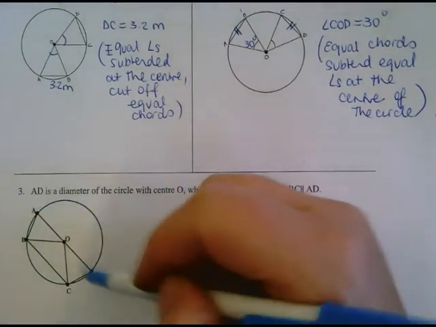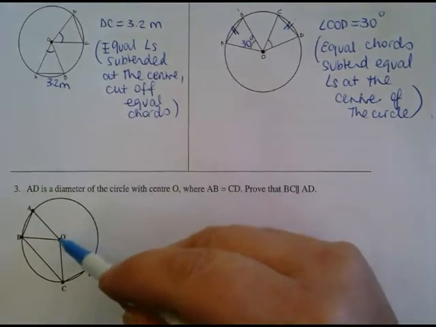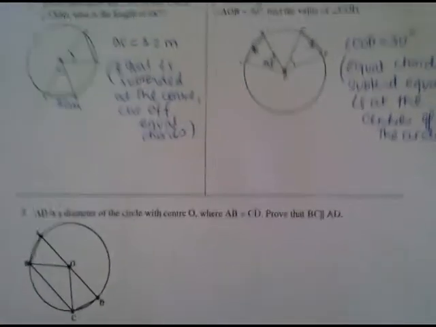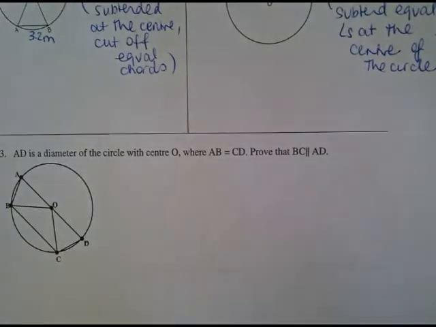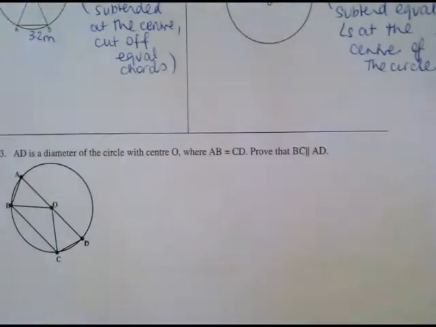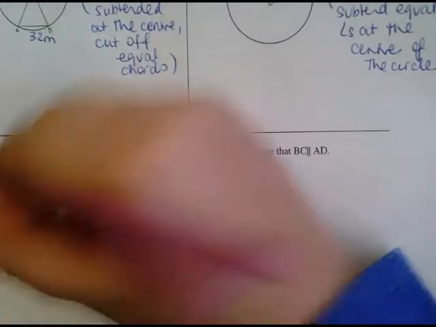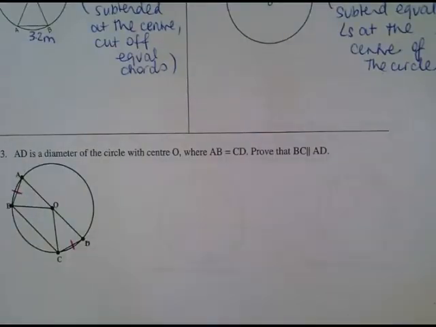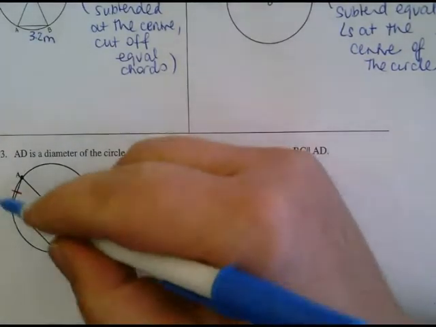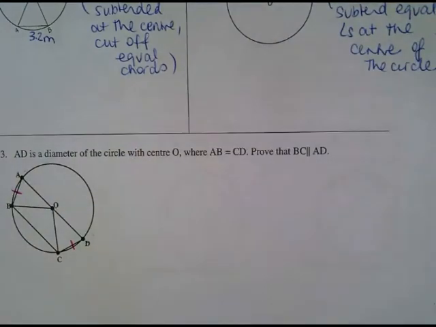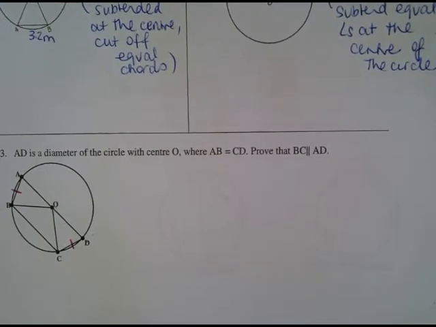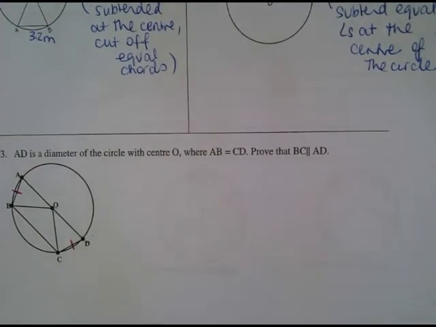AD is a diameter of the circle with center O, where AB equals CD. Make sure you put that on. Prove that BC is parallel to AD. Now remember, with parallel lines, you can prove them by corresponding, alternate, or co-interior angles.